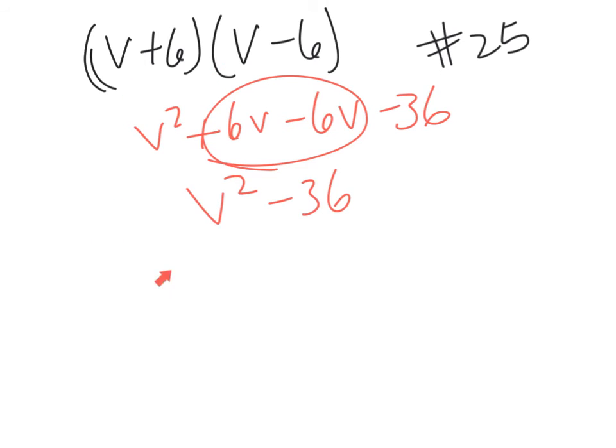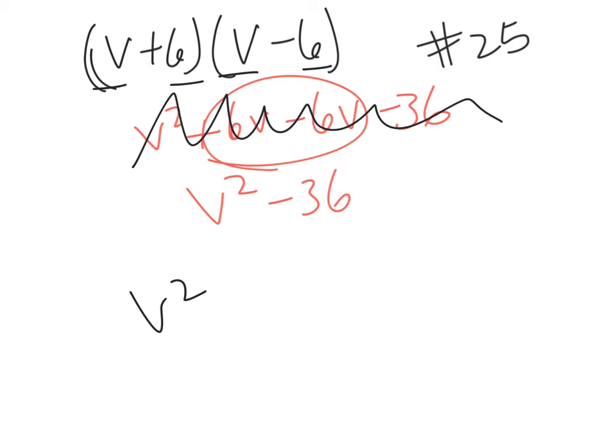I square the first term, square the last term with a minus sign, and that's it. That's the entire pattern. So you could literally skip all this stuff in the middle and say, oh, well, I recognize the pattern, v squared, minus 6 squared, right, which is v squared minus 36.